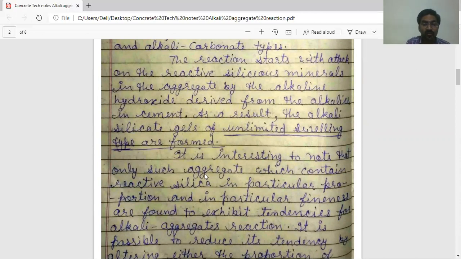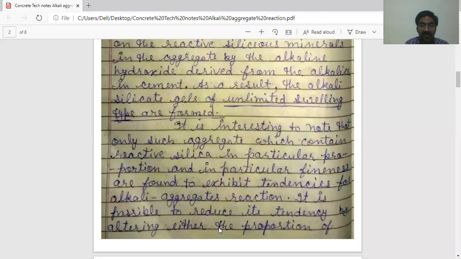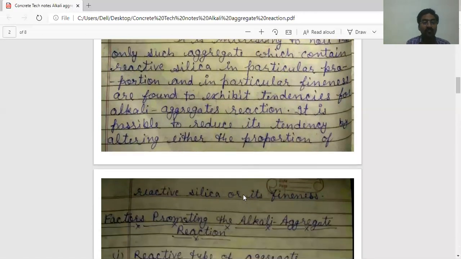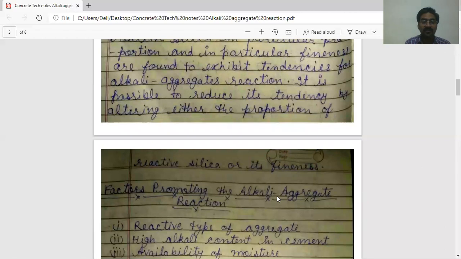It is possible to reduce this tendency by altering either the proportion of reactive silica or its fineness, and this is one solution for preventing alkali aggregate reaction.